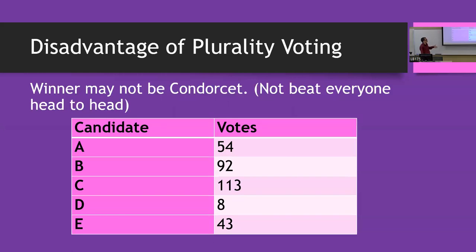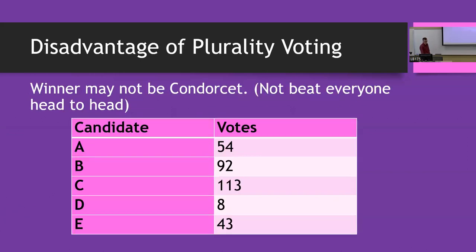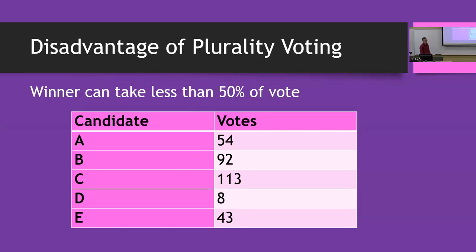And by the way, those disadvantages are not going to go away. Anytime you have lots and lots of candidates, you can create coalitions and diminish diversity. Anytime you have lots and lots of candidates, winners might not be Condorcet. Anytime you have lots and lots of candidates, winners can take less than 50% of the vote.